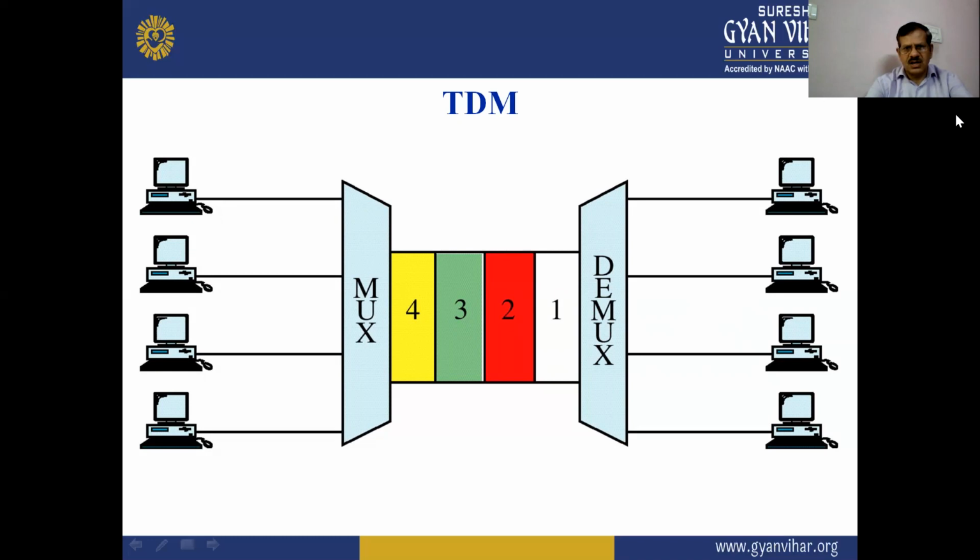There are different time slots 1, 2, 3, and 4. And these time slots are again converted into the different input signals or original signals with the help of the demultiplexing technique. So this is the concept or function of the TDM process.